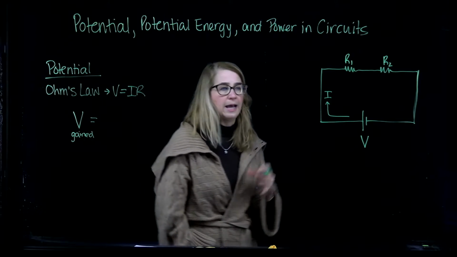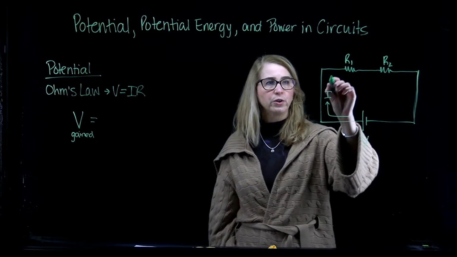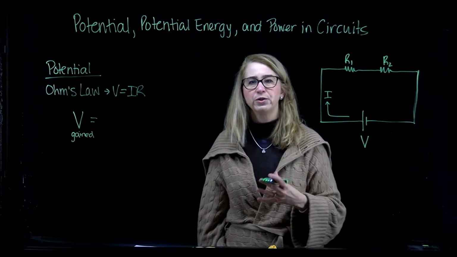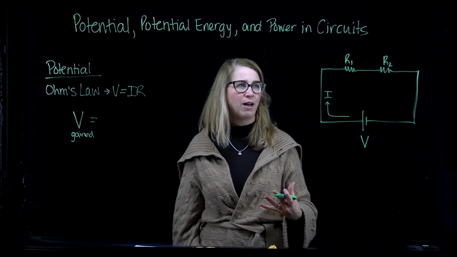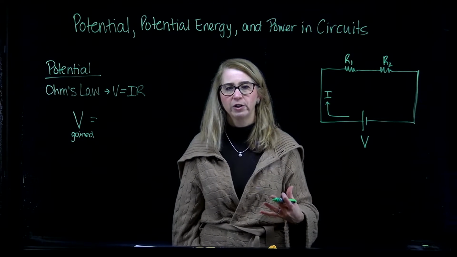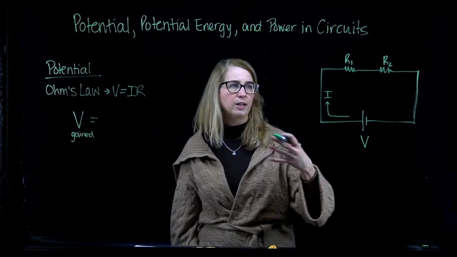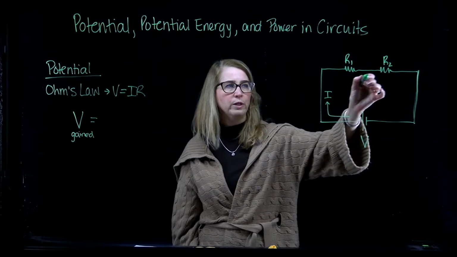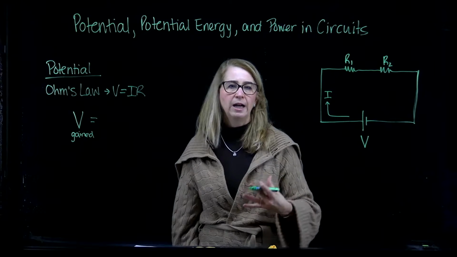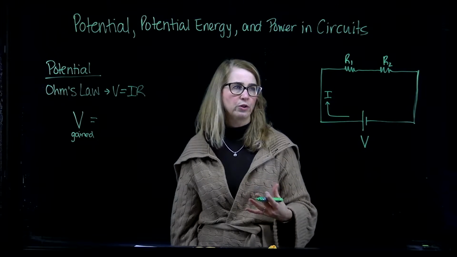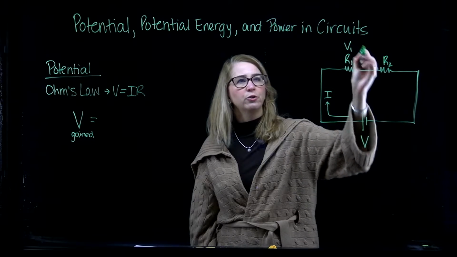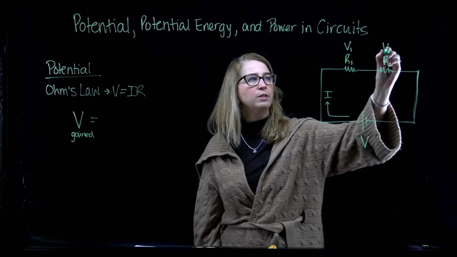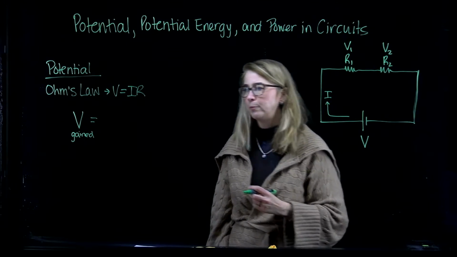Now, as we go through the circuit, we go through resistors, and as the name resistor implies, they resist the flow of the current. And so as we go through each resistor, we're actually going to lose a certain amount of potential. We could think about it as the potential across resistor 1 and the potential across resistor 2.